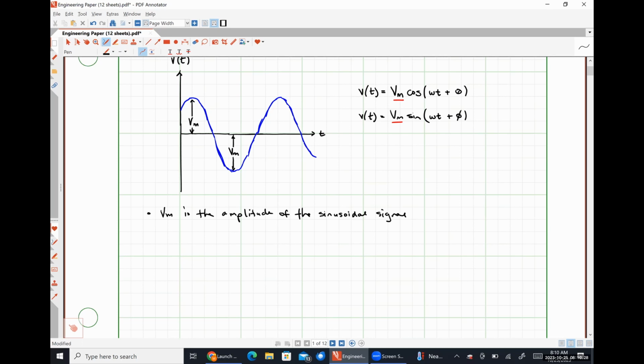Cosine and sine, it literally means the exact same thing, okay? So that's our first piece of information, or first part of a sinusoid that we need to understand. Okay? The next thing that we are going to look at is omega. So omega is the angular frequency of the sinusoidal signal.